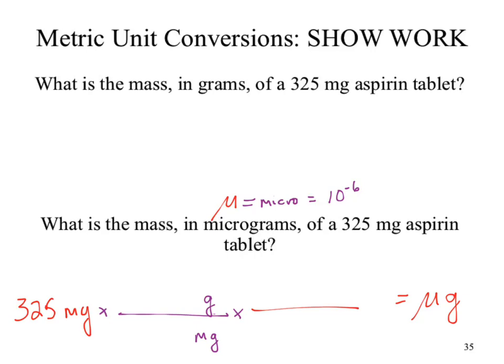I need to convert it. In that conversion factor, what needs to happen? What do I want to get rid of? Grams. What unit do I want? Micrograms. Do I have that conversion factor? Yep, that was given to me at the beginning.